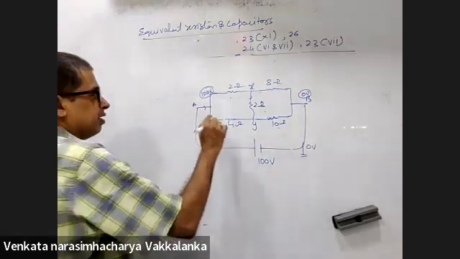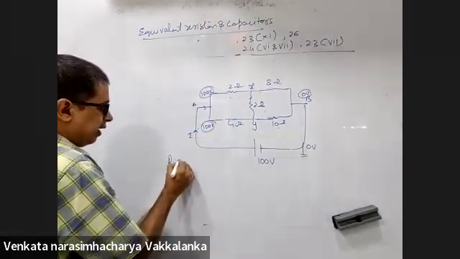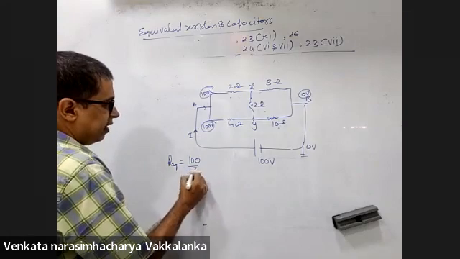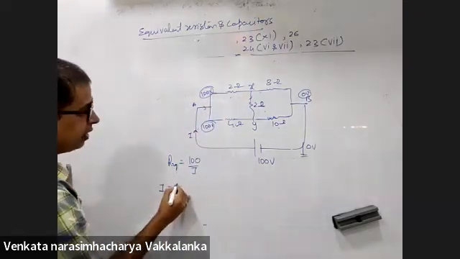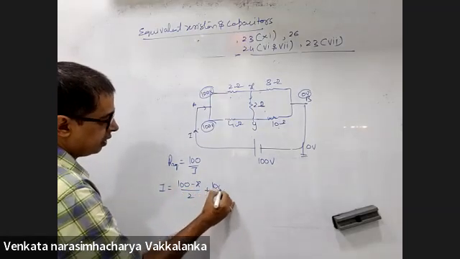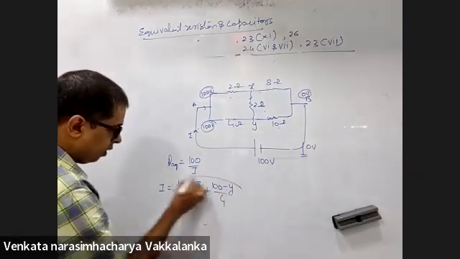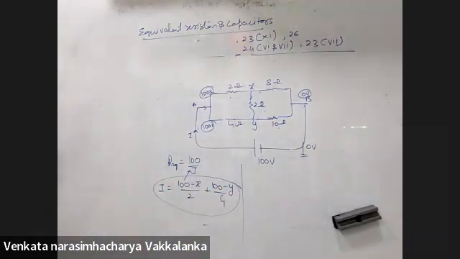Now watch out for this. Ultimately, you need this I. R equivalent is 100 divided by I. I will be 100 minus X by 2 plus 100 minus Y by 4. This is I, which I'll have to substitute here. I get my answer. Yes or no?